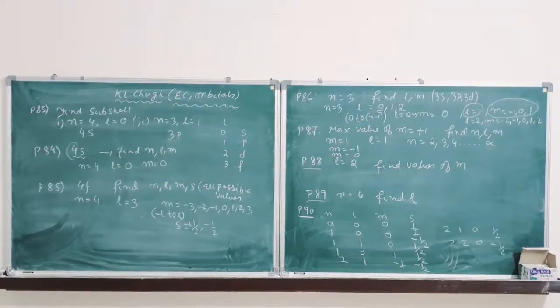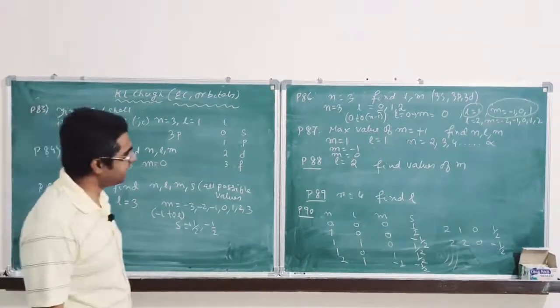I don't know what the exact answer given over here is, I'll check. This is problem number 87. Okay, here the answer is wrong. They have given l as 0, so that is anyway wrong. L will be 1.